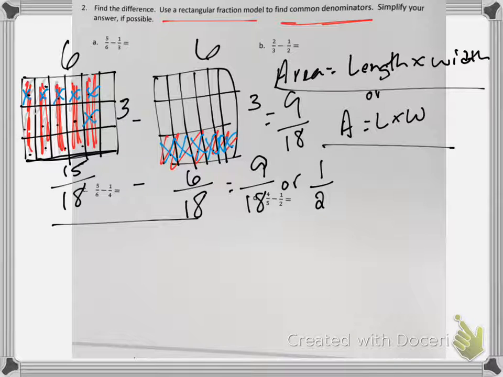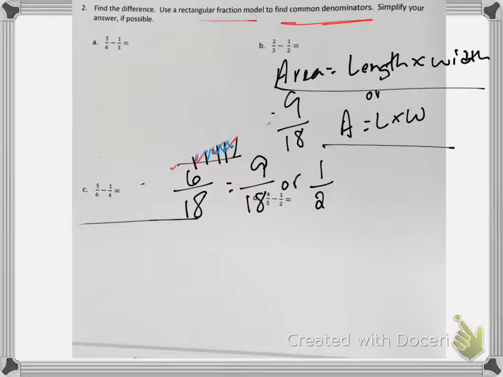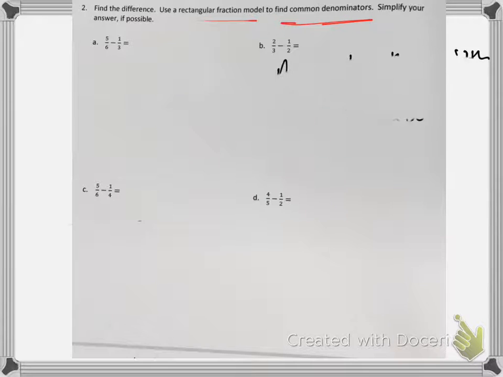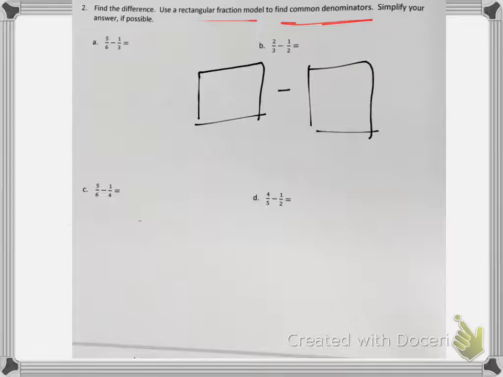Let's go on to the next problem. And again, we're just going to keep doing this over and over again, the rectangular picture fraction model, I mean. So 2/3. I might draw this one a little smaller because I have 2/3 minus 1/2. I'm not going to have as big a denominator.